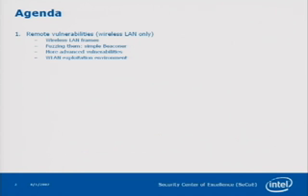So the agenda of my talk is as follows. First, I will describe the remote vulnerabilities in the wireless LAN case only. This area was covered during last year quite extensively, but hopefully I will deliver some more interesting results.